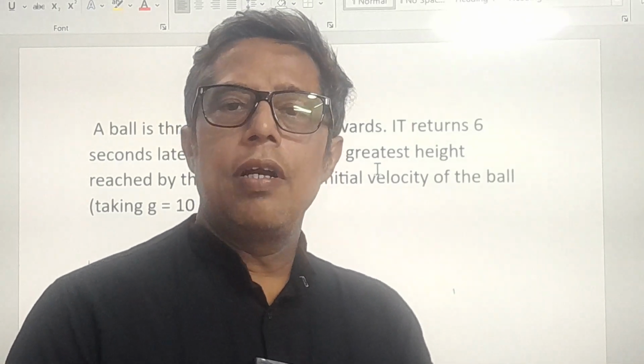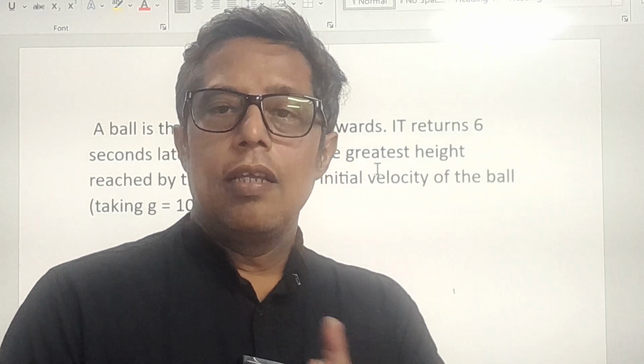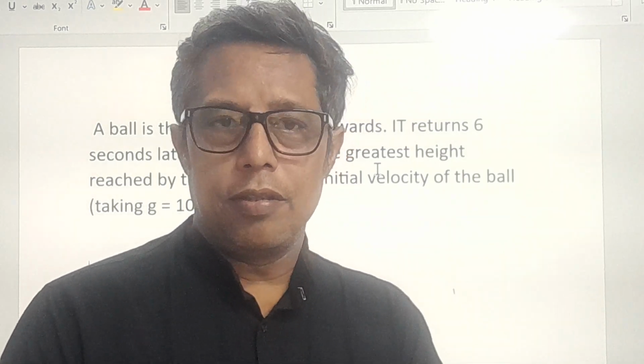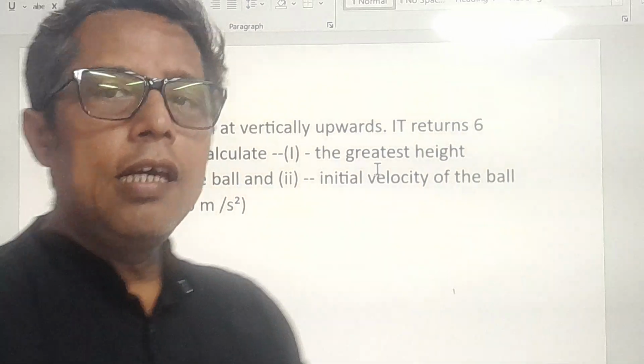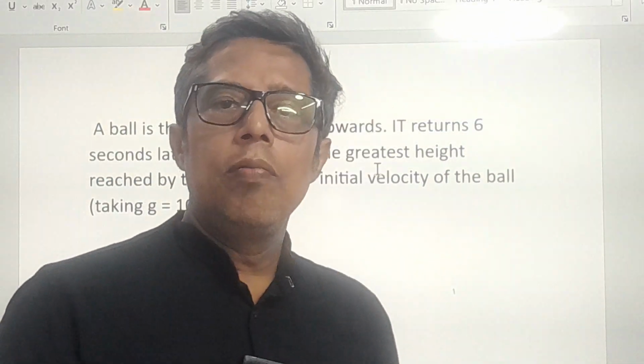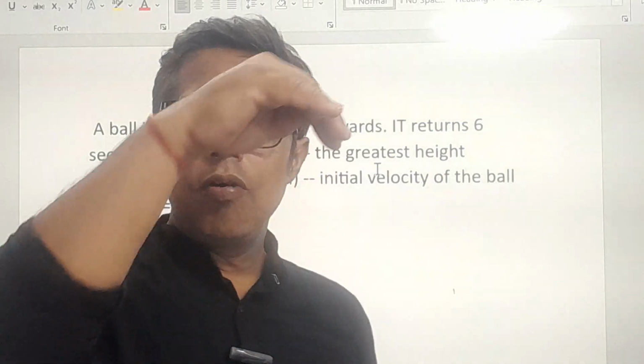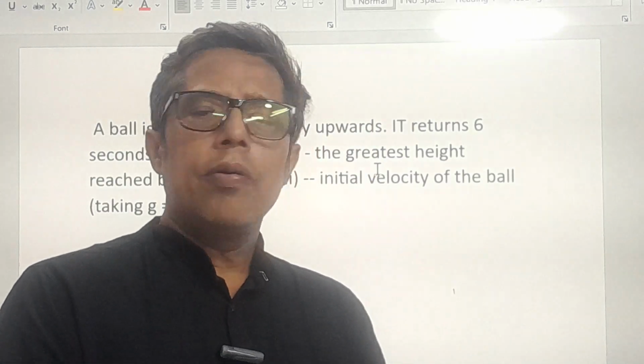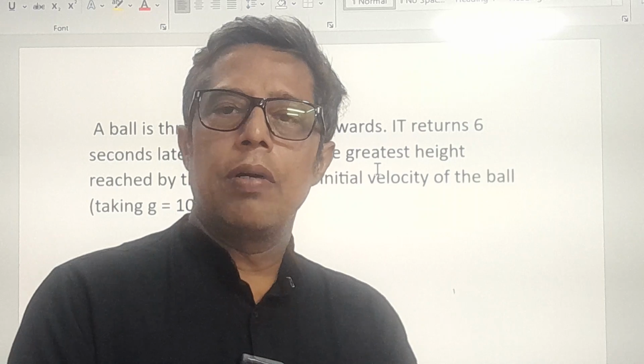Now the same thing happens in vertical motion. Here, in vertical motion, we are considering g as the acceleration due to gravity. In the upward direction, g will be taken as negative, and in the downward direction, g is positive. Now, whenever we are throwing a ball upward, what happens?